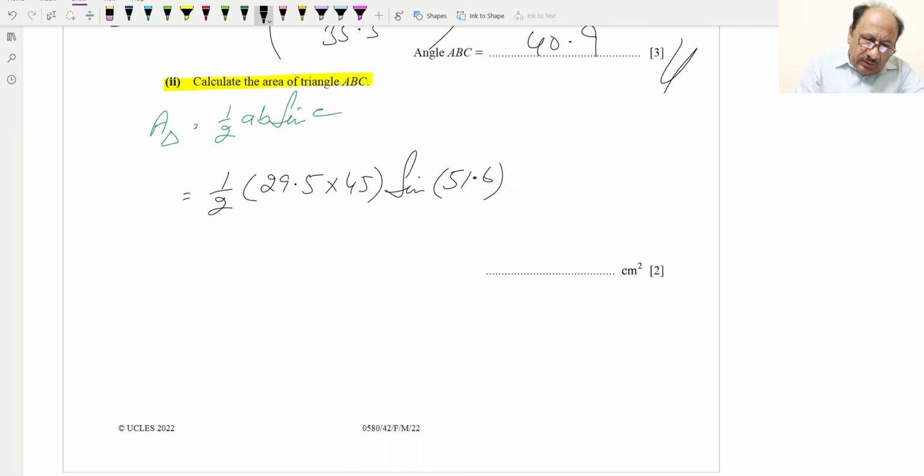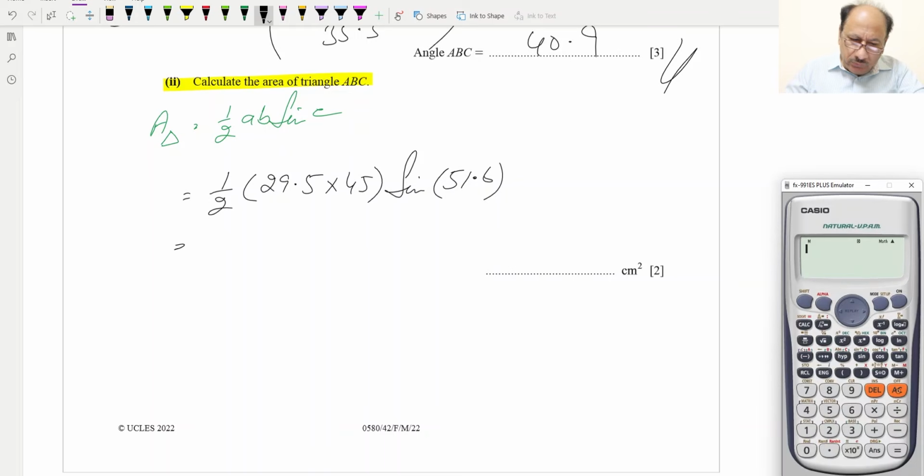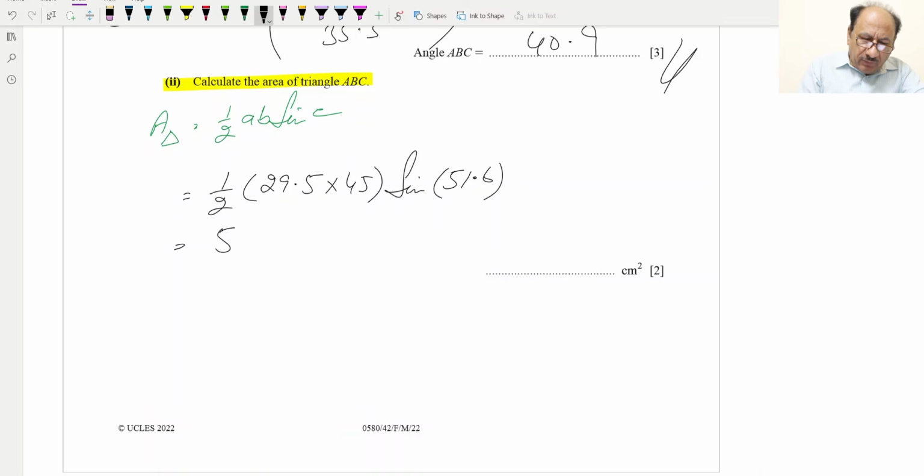This will be equal to 0.5 in brackets, we can write 29.5 into 45, bracket close, and sine of 51.6, and this is equal to 520.176, so 520. We can write centimeters squared for the units, and this is a 2 mark question.